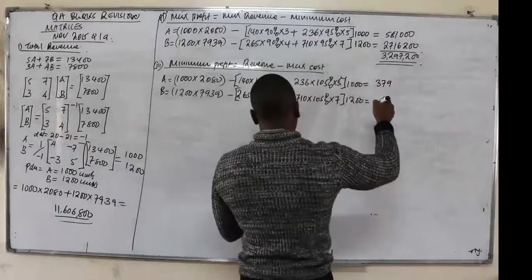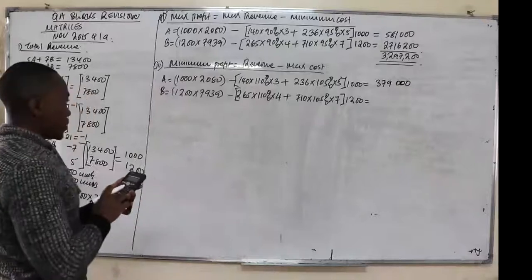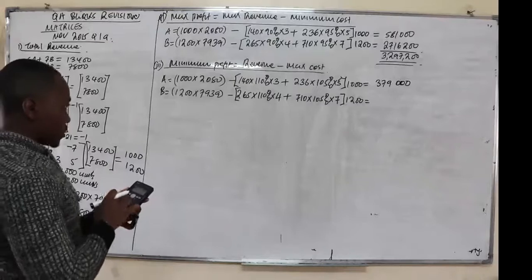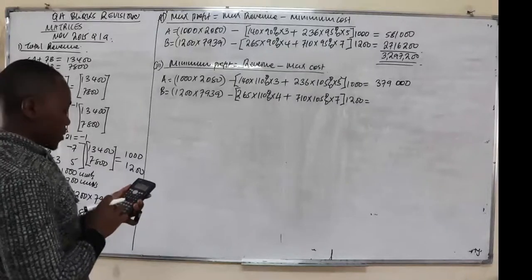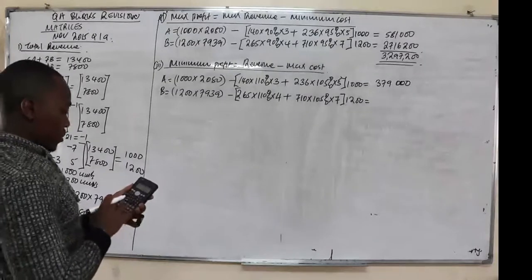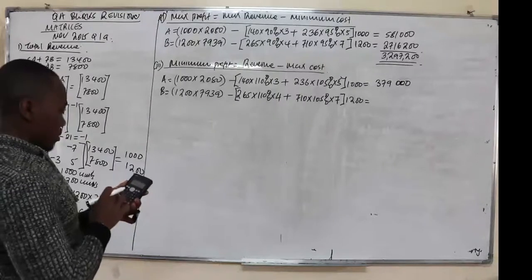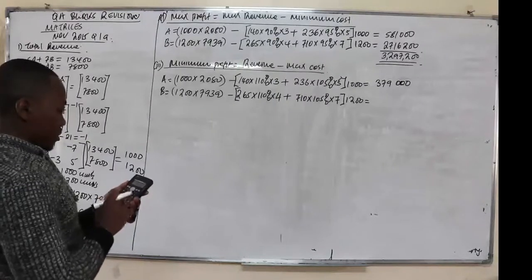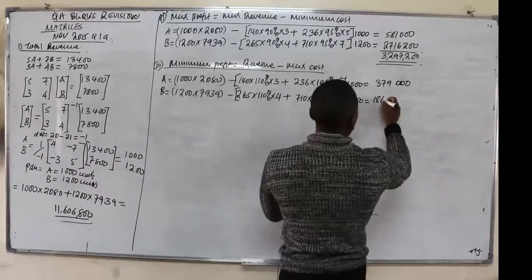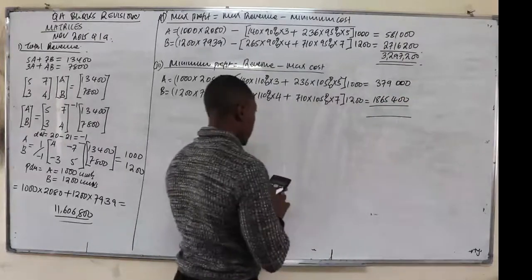You get 379,000. Yeah, what you get is 18,65,400. Then you add the total.